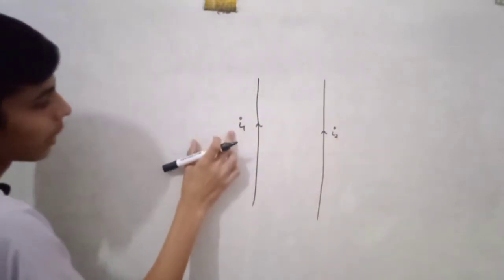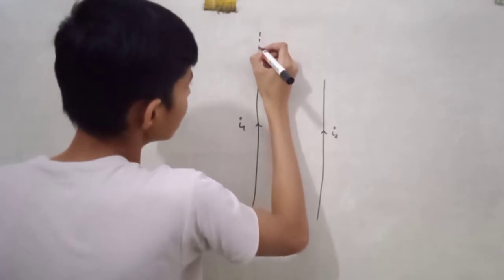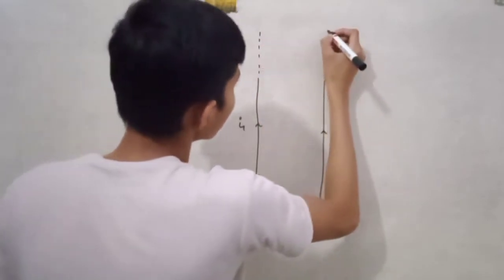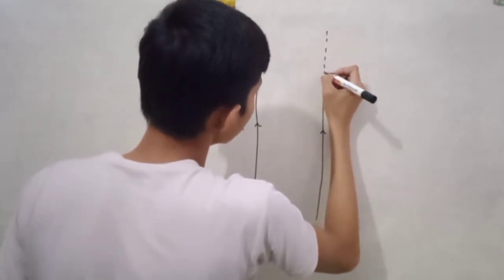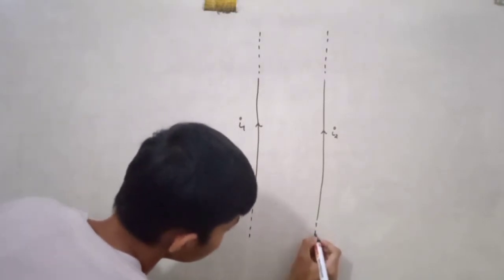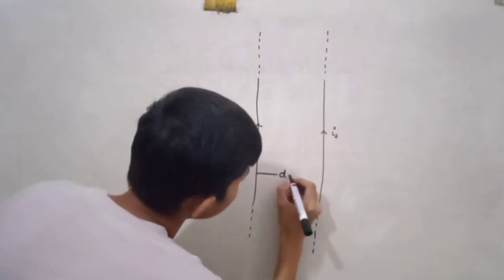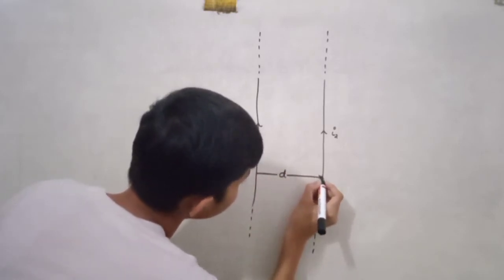This wire is having current I1 and this wire is having current I2. These are infinite wires. And the distance between the two wires is D.